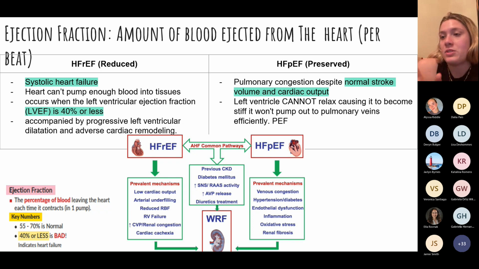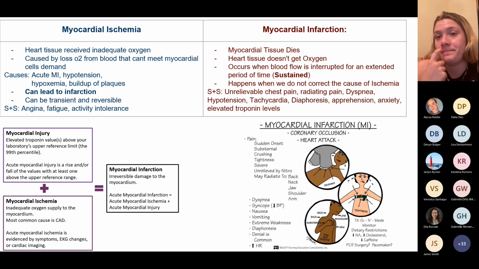But I think for you guys, what's just important to know is know your normals for ejection fraction. We want it 55 to 70. For less than 40, that's when I'm really, really concerned, and I might need to put them on advanced drug therapy, such as pressors. Okay?